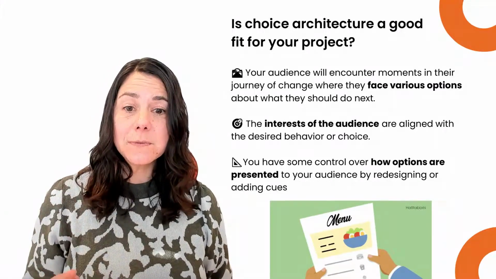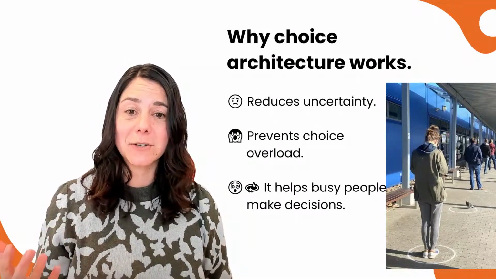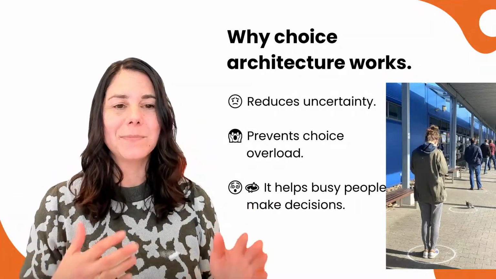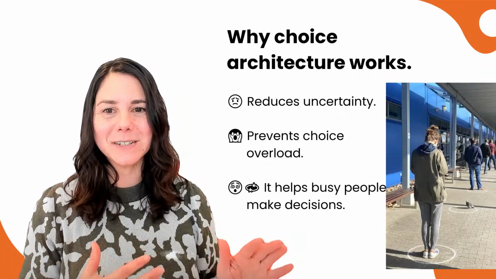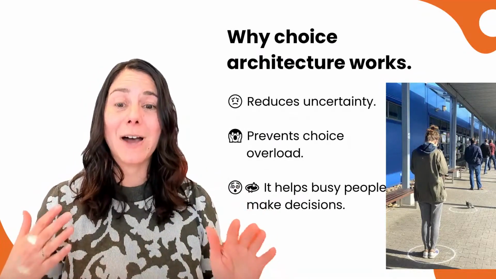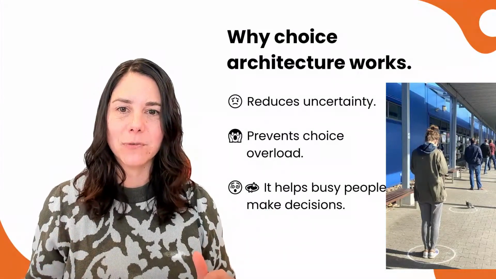So if you think this is a good fit, let's think about why does this even work? What does choice architecture do? Similar to feedback loops, it reduces uncertainty. And I so love this photo, one, because the pigeon is inside the circle, but also because it shows how choice architecture makes things so simple and easy and straightforward for us.